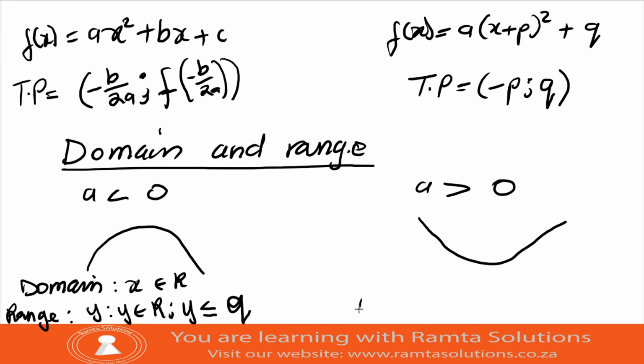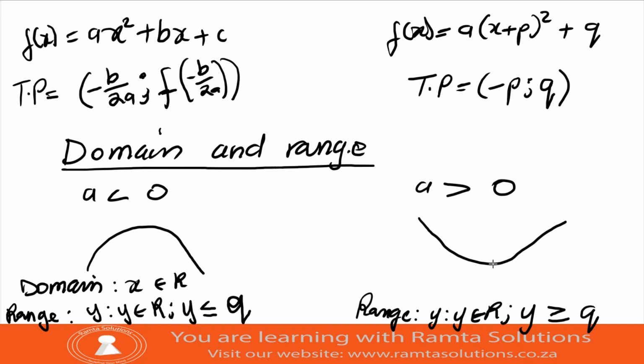Now for this one, remember, when we talk of the range, it can take all y values, but there is an exception. It can take all y values, especially the ones at the q value and above. When it's like this, it can take all q values and above. So hence I'm saying y is an element of real numbers and y is greater than or equal to q.